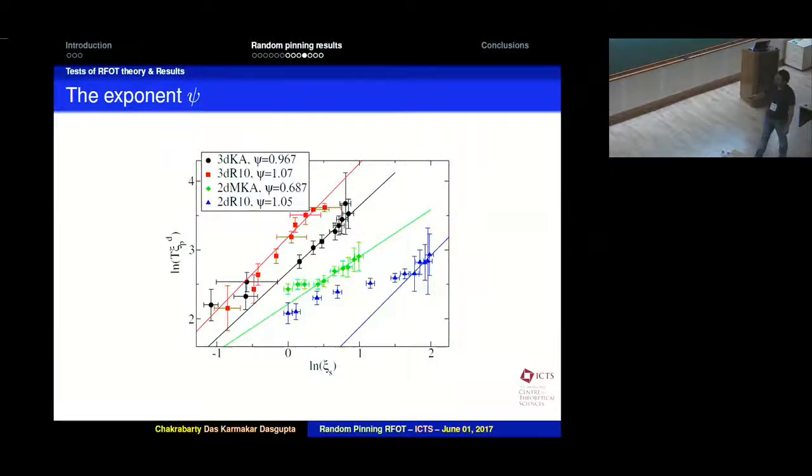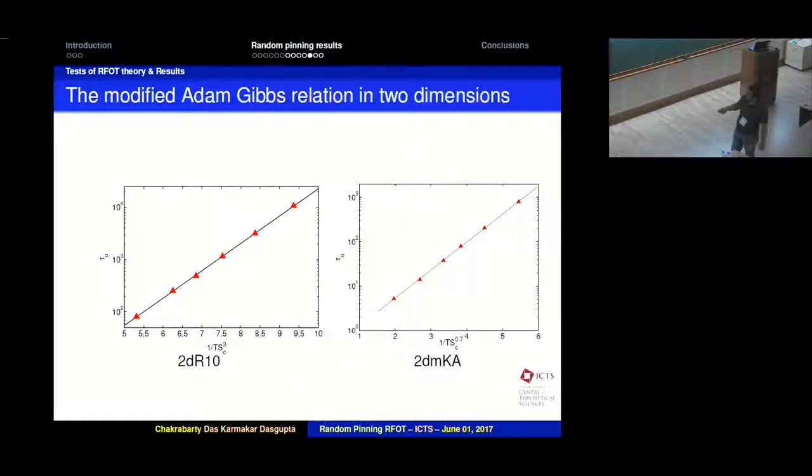Once you have that, you also need to verify the modified Adam-Gibbs relation. In 3D, all the data available perfectly agrees with the usual Adam-Gibbs relation without that alpha exponent.